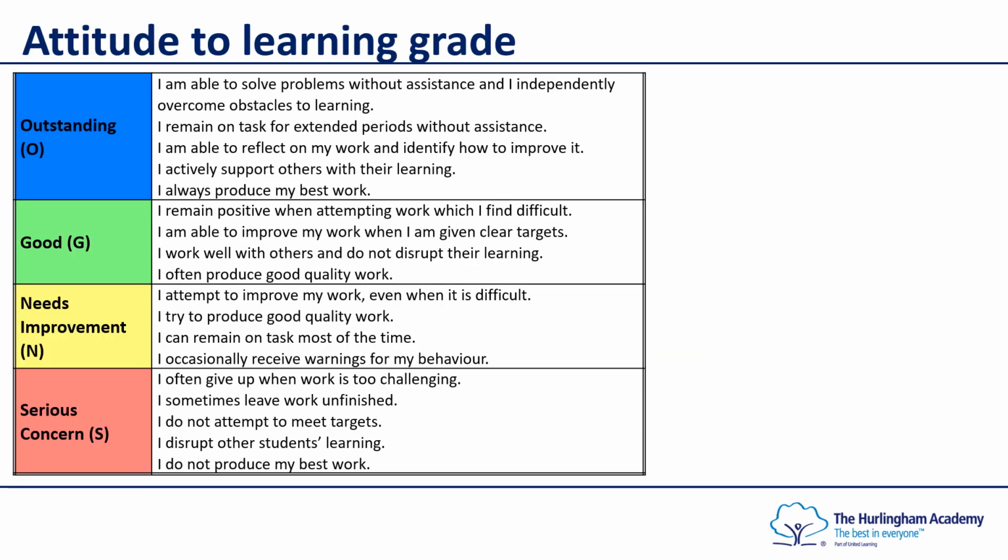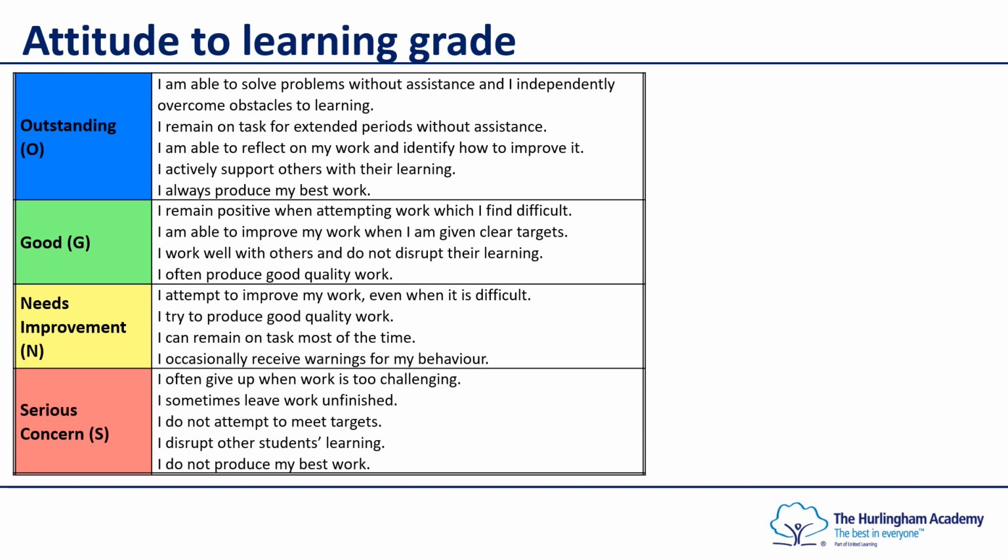You may find that your child's performance in a particular subject is explained by their attitude to learning or homework in that subject. As you can see, students who have been graded outstanding for their attitude to learning by a particular teacher were able to work independently and reflectively in those lessons, and always put in a high level of effort.